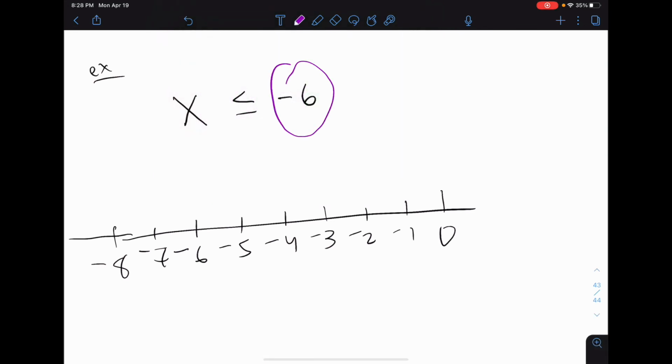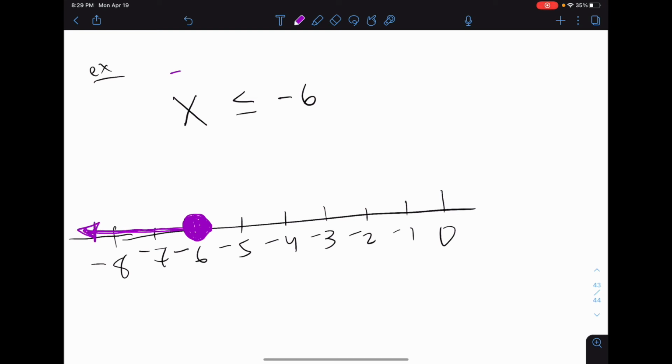My number is -6. So I start at -6. And now, is it going to be open or closed? ¿Va a ser abierta o cerrada? This is going to be closed. Va a ser cerrado. So I'm going to shade. Voy a colorear. And now less than means small. Eso significa que pequeño, so I'm going to go to the left, a la izquierda. And that is my answer.